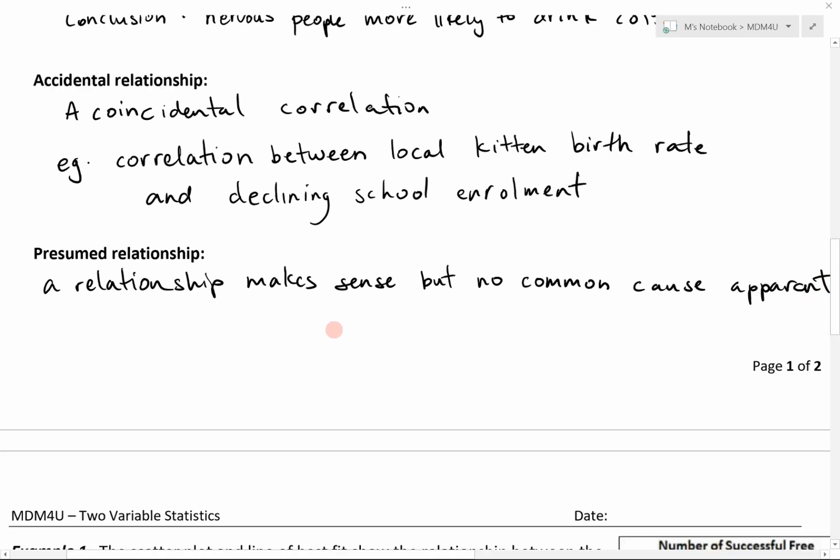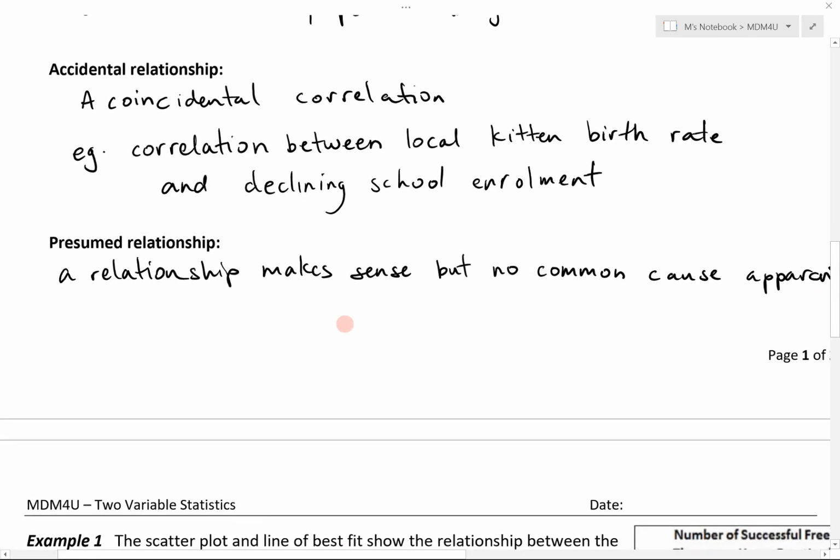So what could that be? Maybe a correlation between self-esteem and vocabulary. The more self-esteem you have, maybe the more vocabulary level you have, how much diction you use in everyday speech. It could make sense, but there wouldn't be any particular common cause.